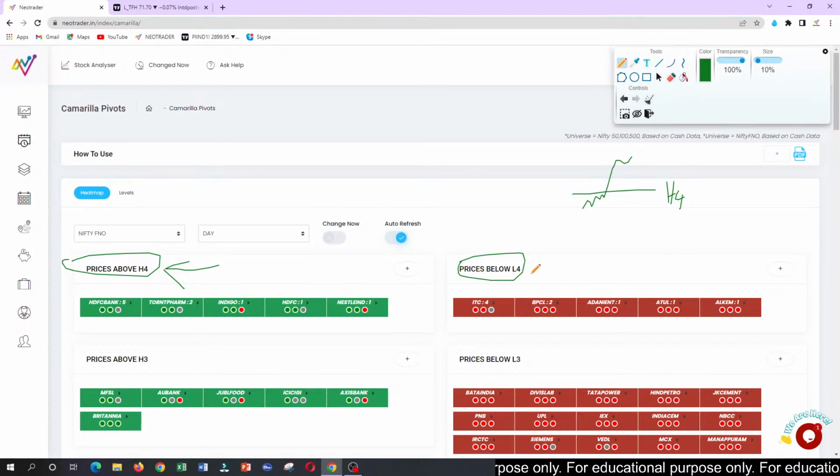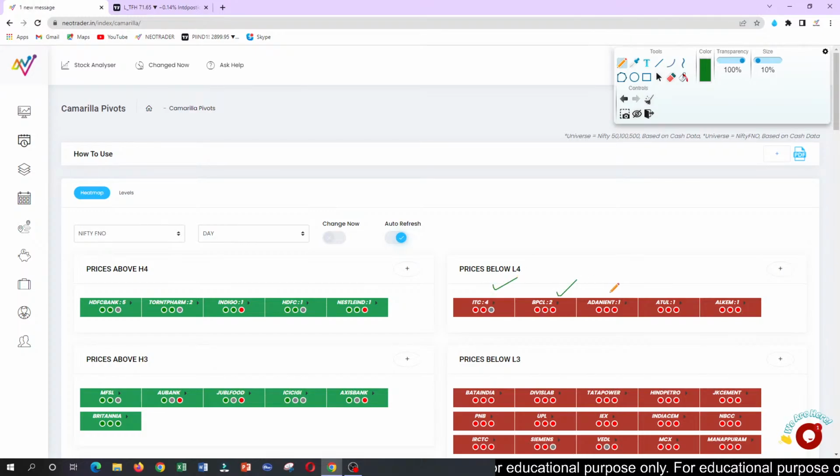L4 is like your most important support for the day. The stock breaking this L4 support and going down is what is coming over here, right? That is what we are seeing, and what we can see from this now is that ITC, BPCL, Adani Enterprises, Atul, Alchem, right? And over here we are finding HDFC Bank, Torrent, Indigo.